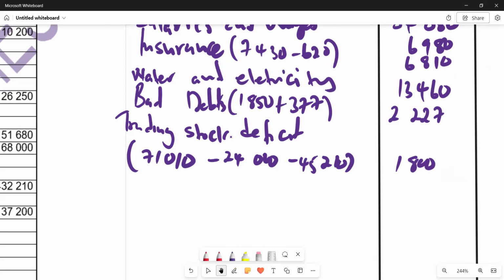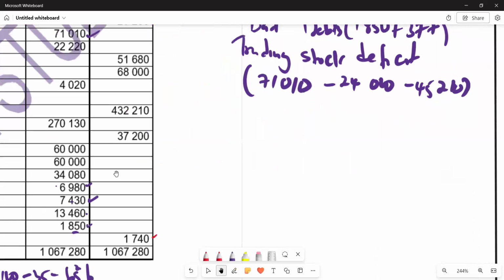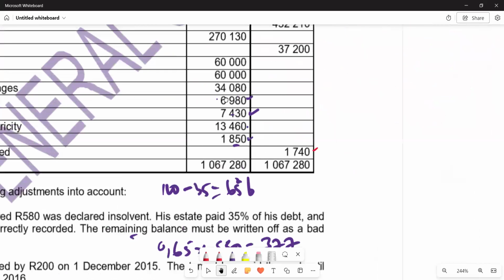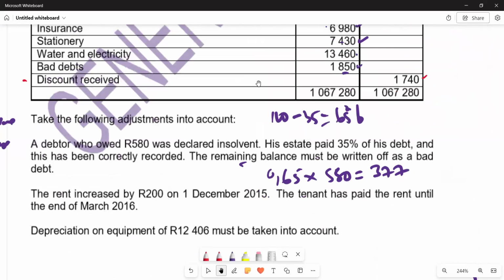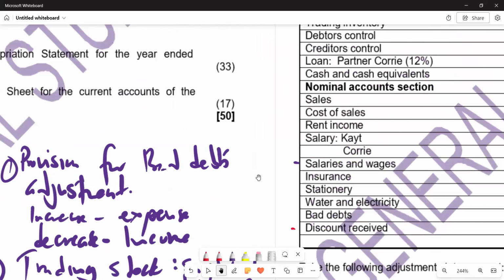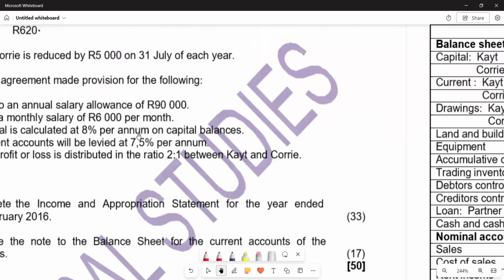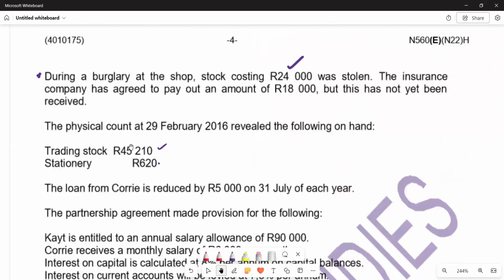But then if you go back there, let's see where we have the information of that burglary. If you come here, you'll see that during a burglary, the shop stock costing 24,000 was stolen. And then we are being told that the insurance company has agreed to pay out an amount of 18,000, but this has not yet been received.